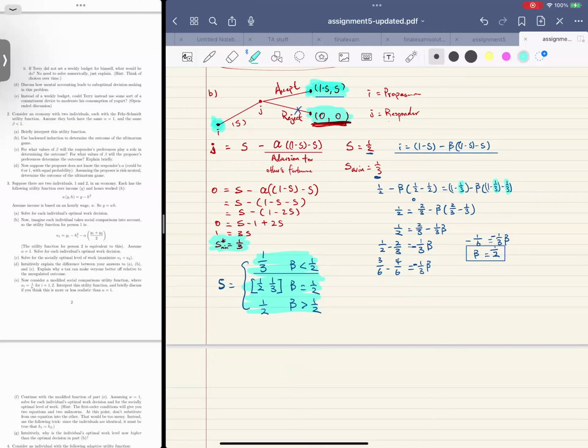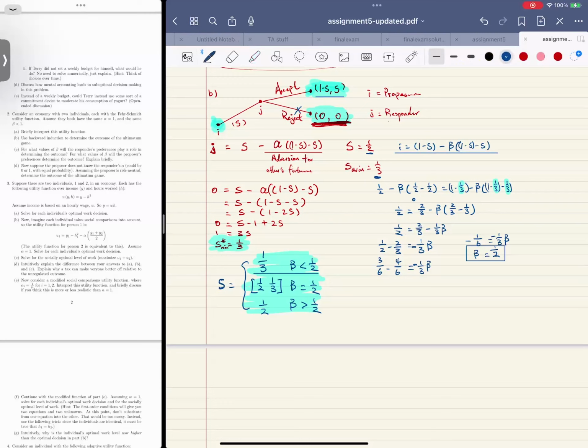For example, we are playing a game, and I am the proposer. If you have less alpha, I'm going to give you less money. That's it, because I know your S-min is going to be low. That makes sense.